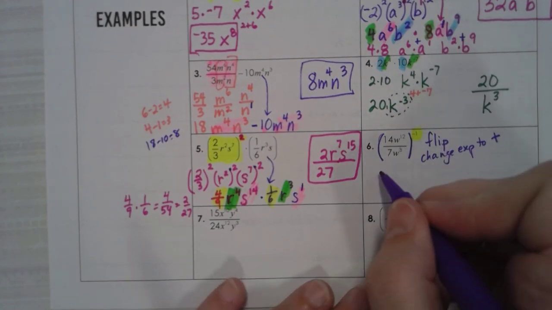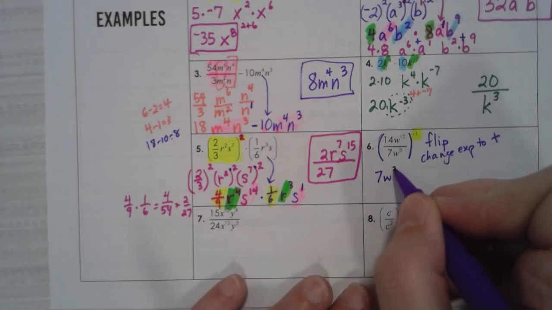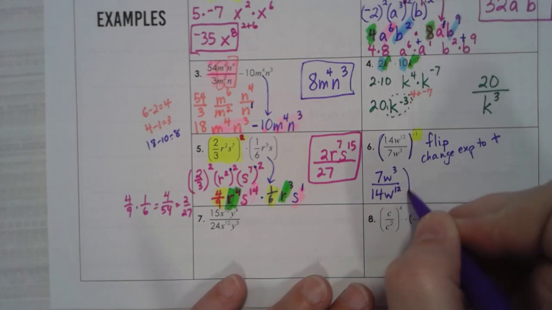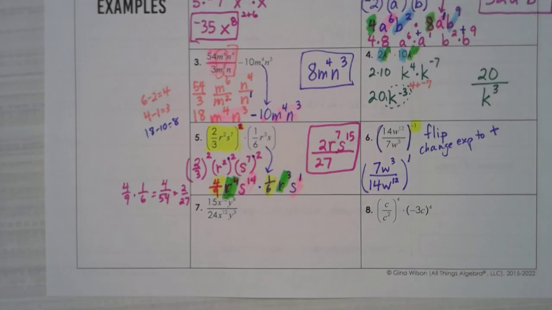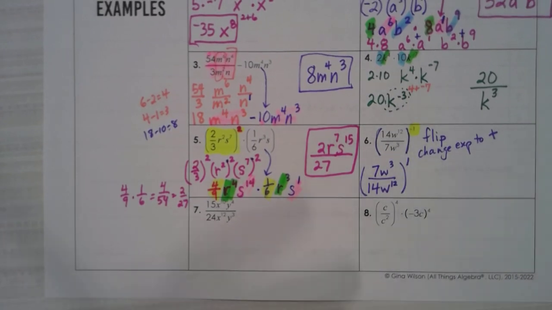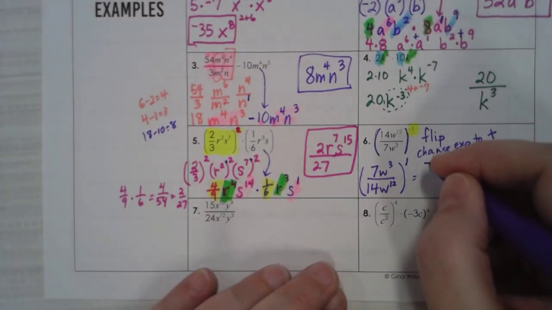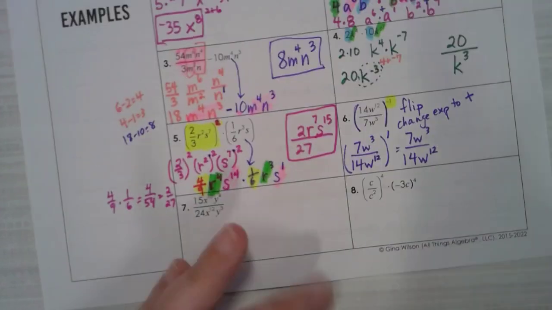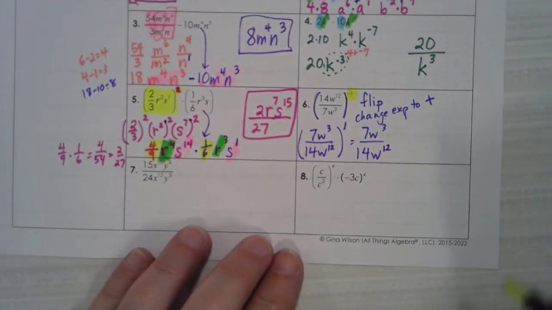So this is the same as 7w to the 3rd over 14w to the 12th raised to the positive 1 power. Okay, and anything to the positive 1 power is just that number itself, so you don't really have to worry about that part. So that's just going to be the same, 7w to the 3rd over 14w to the 12th.